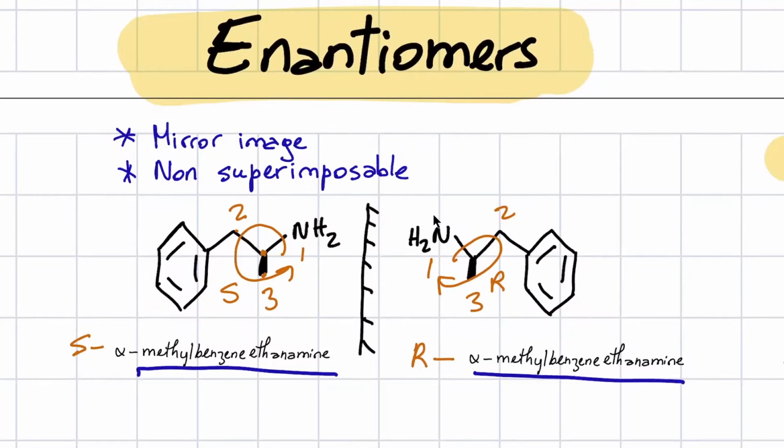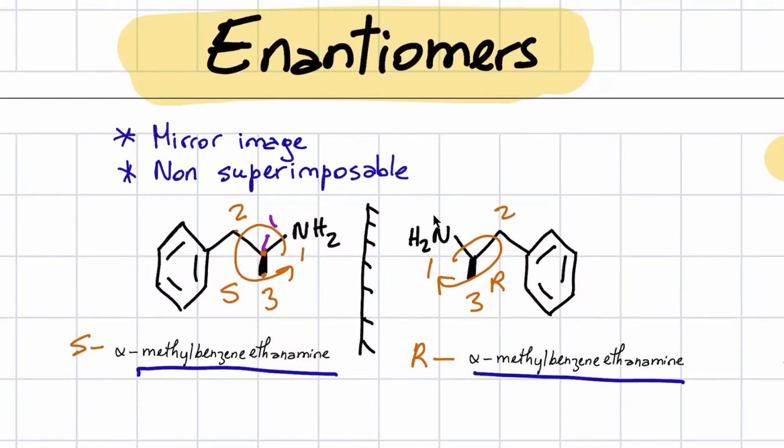A chiral center, for example in this case here, this carbon that I'm pointing at, is a carbon that has 4 different groups attached to it. Here we have one group that is different from that group, which is different from this group, and of course a hydrogen on the back.